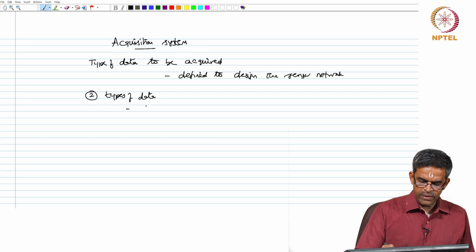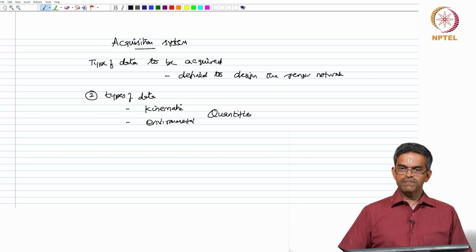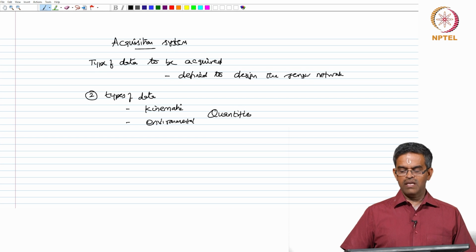One is kinematic and the other is environmental quantities. So, how do we separate this kind of data? What are the acquisition management to be done for acquiring these kinds of data, and how sensors can be deployed to collect these data in a careful manner, and how they can be laid in a network? We will see in the next lecture.